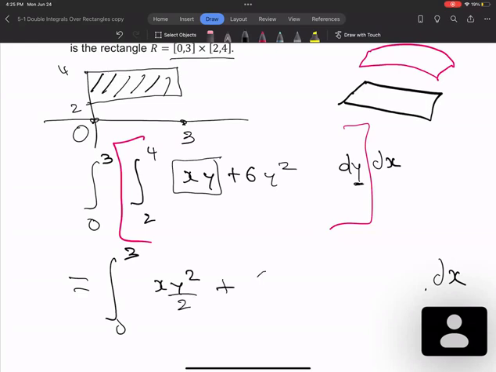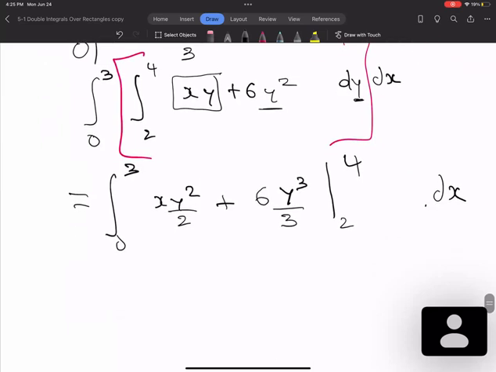Plus 6 times the integral of y squared with respect to y, which is y cubed over 3. And this has to be evaluated between 2 and 4.